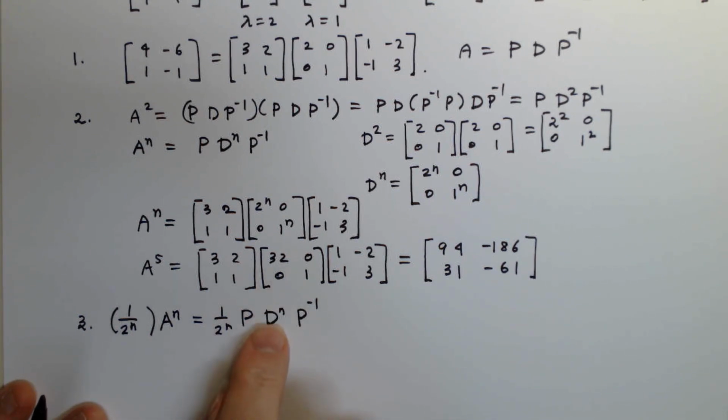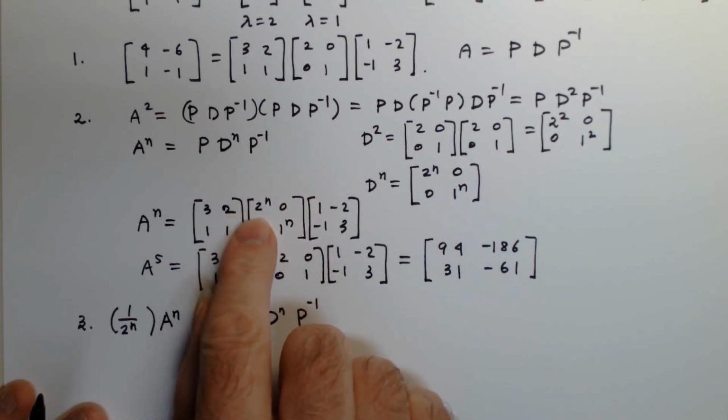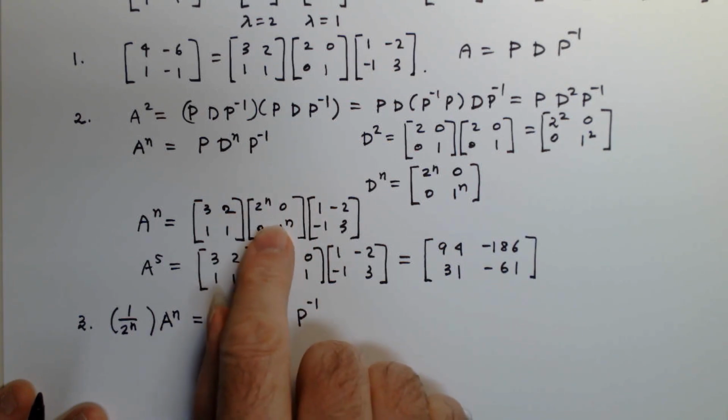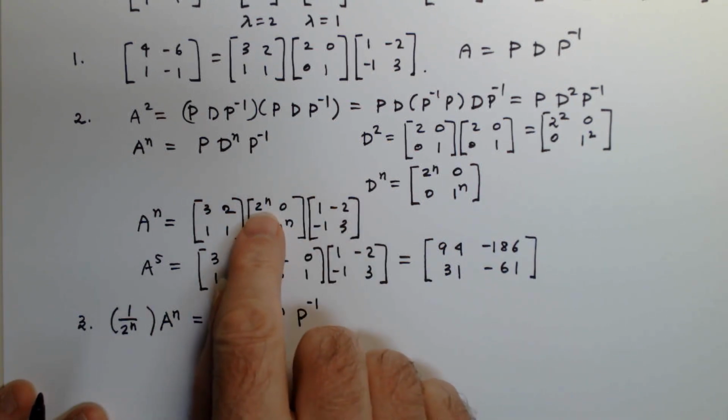And in this case, it makes sense to think of scaling the matrix D to the n by the scalar 1/2 to the n, because that's simply going to divide all of the entries of D to the n by 2 to the n.